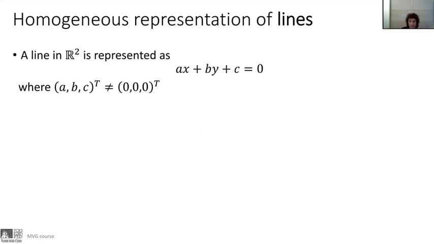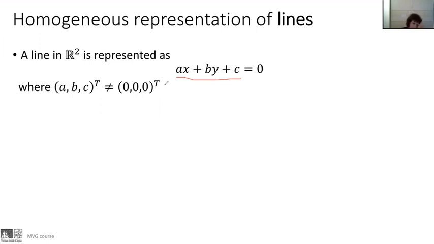Having said this, let's look at homogeneous representations of lines and points. A line in R2 is represented as we know: the dot product between (a, b, c) and (x1, x2, 1), that is, ax + by + c equals 0.